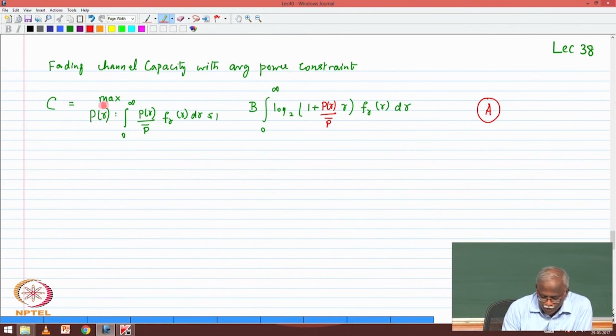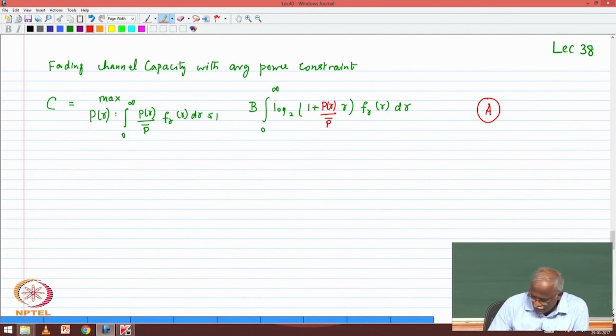Now you're going to maximize this capacity over all possible power allocation schemes. Okay? So it's maximization of capacity. Hopefully there's no confusion about what you're maximizing. So you're maximizing capacity under all possible options for P gamma, and P gamma must satisfy the average power constraint, which is given by this expression.